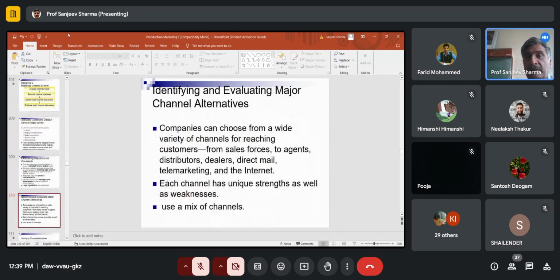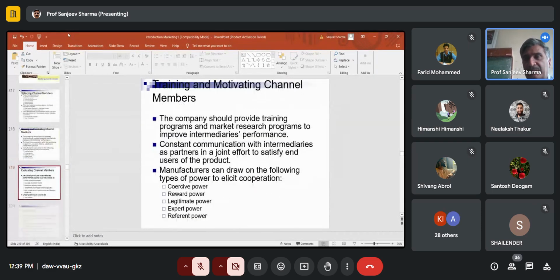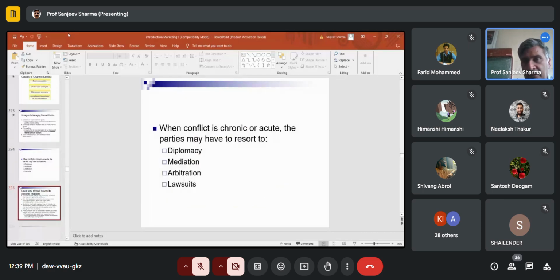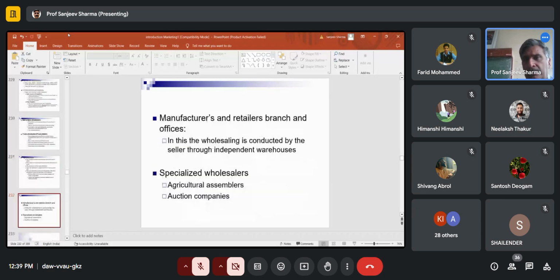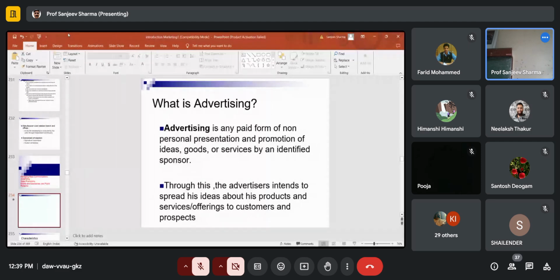What are the methods of communication? How do we communicate? There are four basic methods of communication. One is advertising.